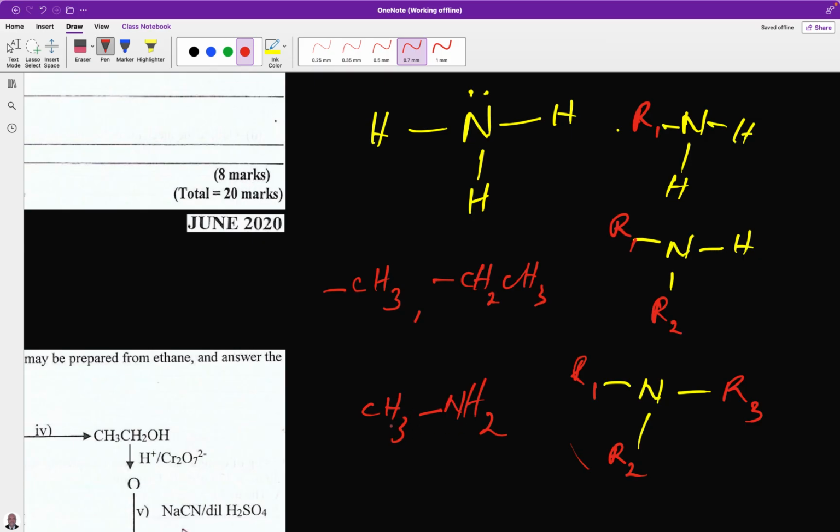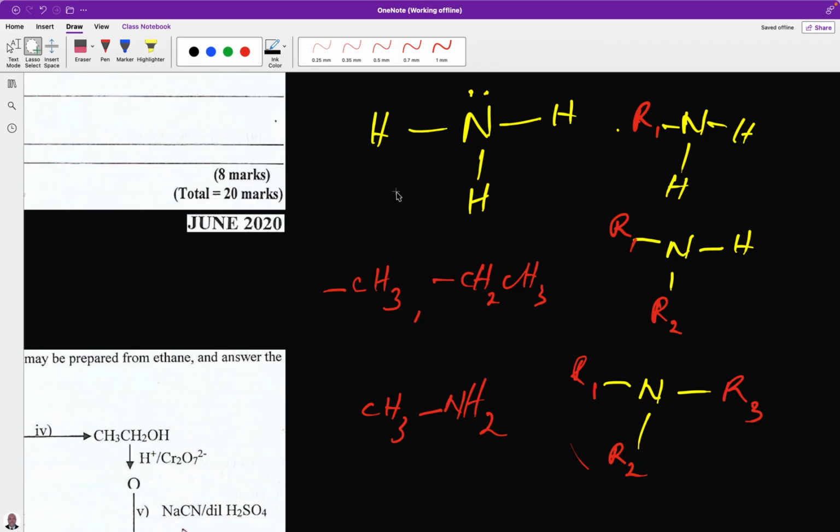This is a methyl group, methylamine. If it was an ethyl group there, we will call it ethylamine. So now, going back to our question.